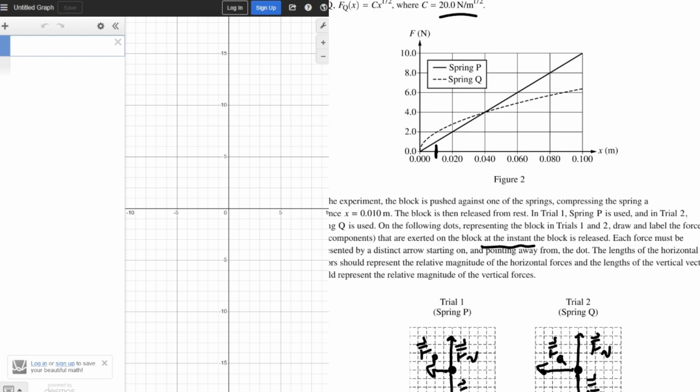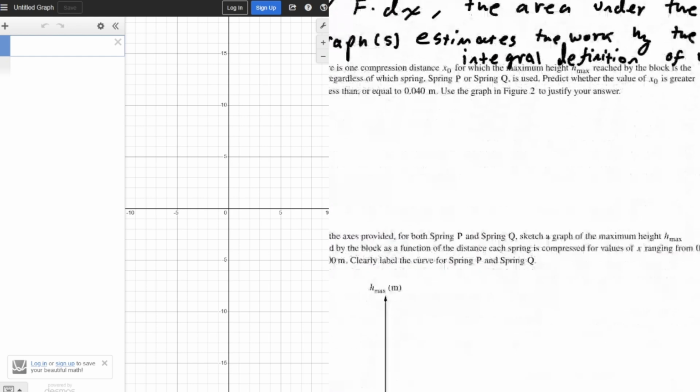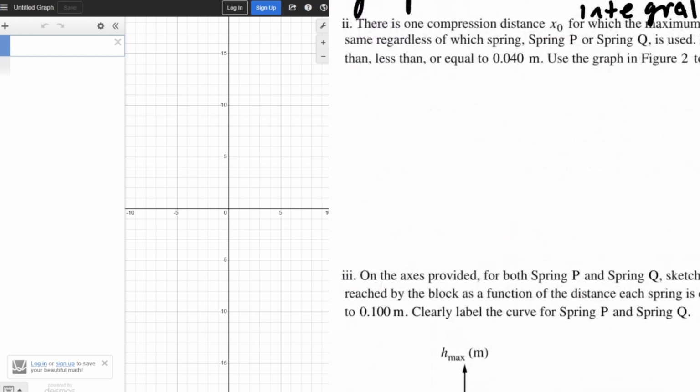So yeah, that's where they intersect, right? I guess what they're basically testing is, let's visualize this here. Here's our ramp. I'll erase this in a bit. What we have to think is that the work done to compress the spring will equal the work coming out.